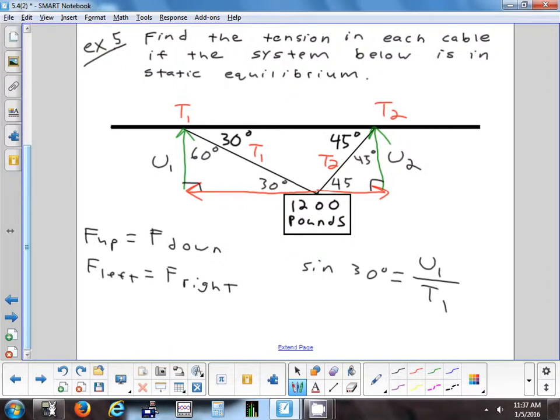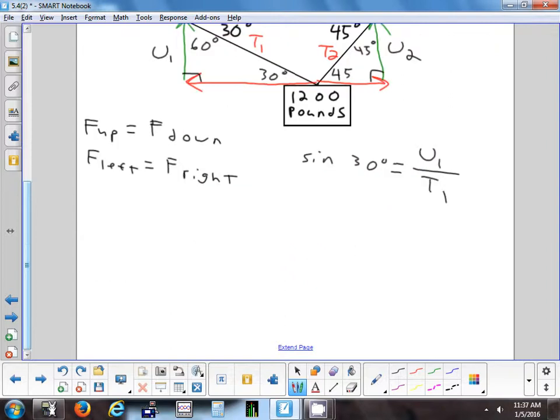And my goal is to figure out how to get up by itself. So how would we move T1 to the other side? Multiply. So my first force pulling up is T1 sine 30. That's one of my forces pulling up.